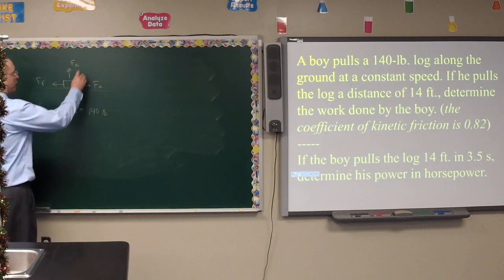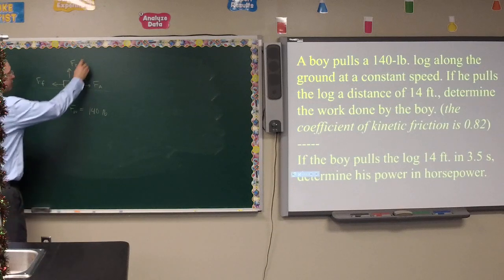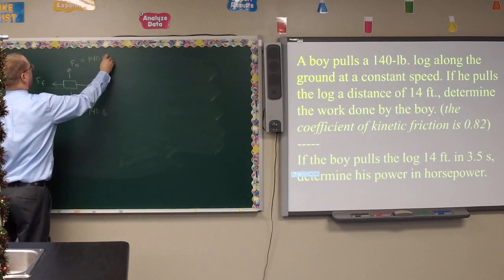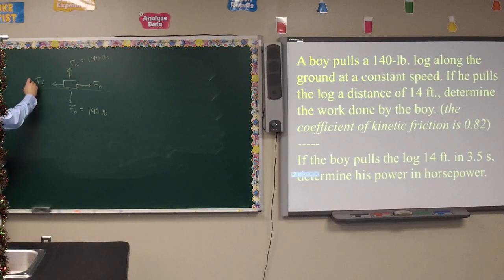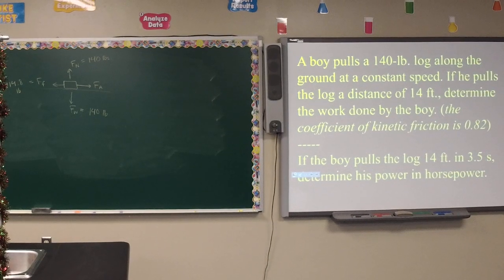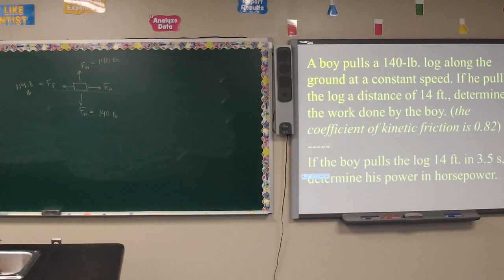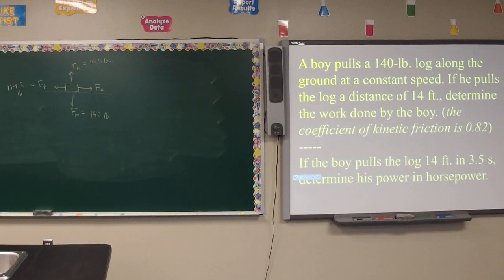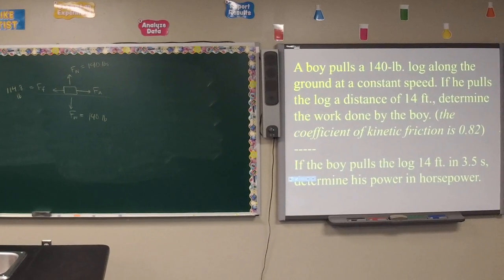So we'll assume the normal force is also 140 pounds, even though it's probably unlikely, which means the friction force is 114.8 pounds, which means if he pulls the log along the ground at a constant speed, his applied force must be.